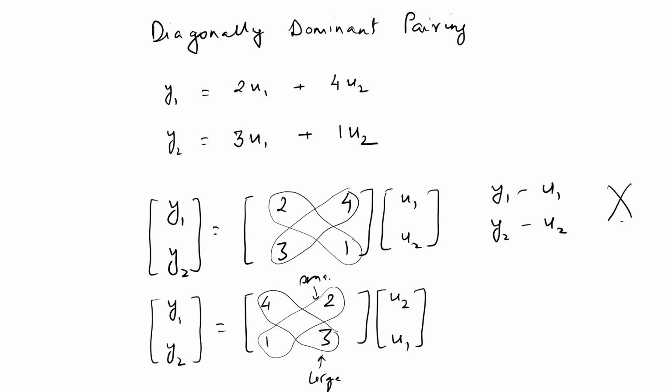So this diagonally dominant pairing occurs when we pair y1 with u2 and y2 with u1.